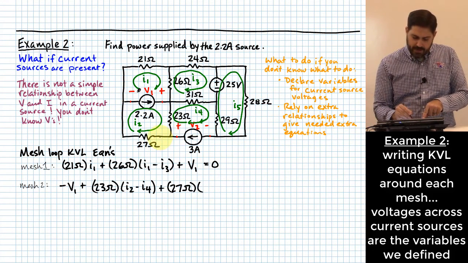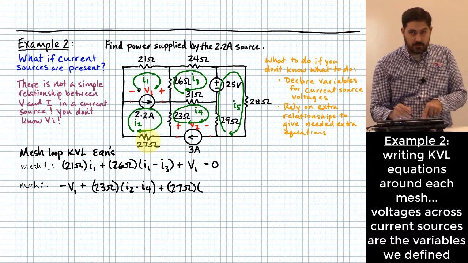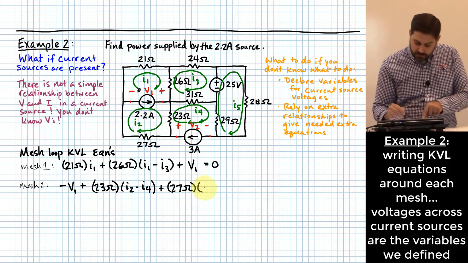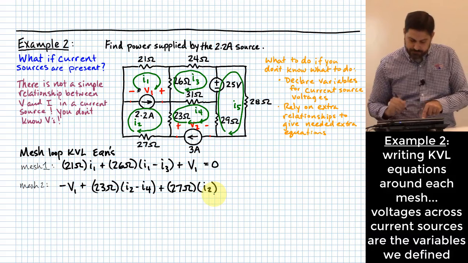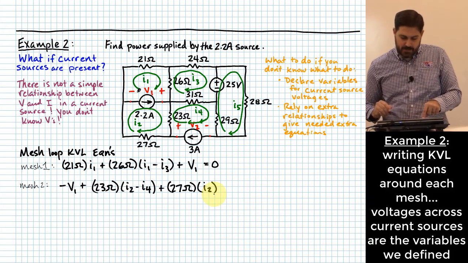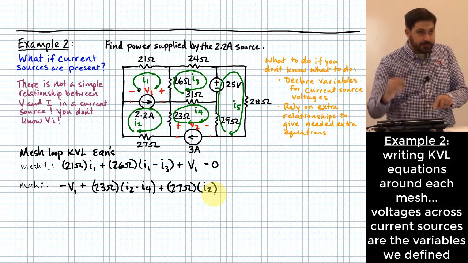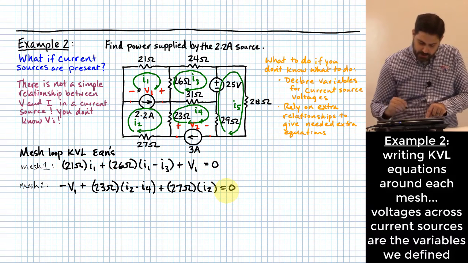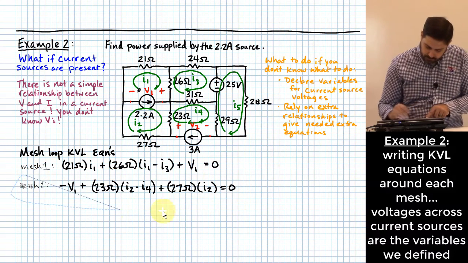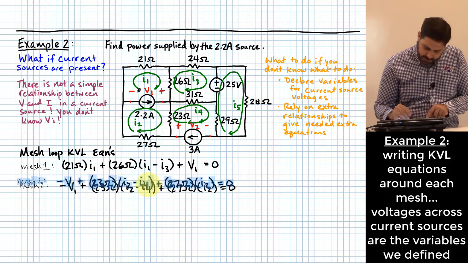That one, how many currents are involved? Just one current, and it is I2. Did that get me all the way around the loop? Okay, so I'm going to set that equal to 0. All right, what's next?